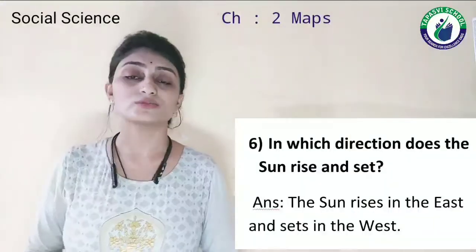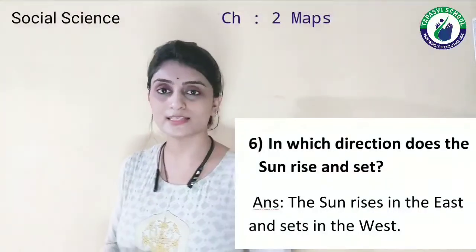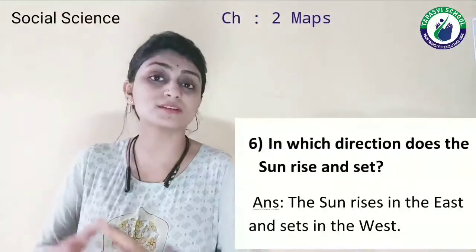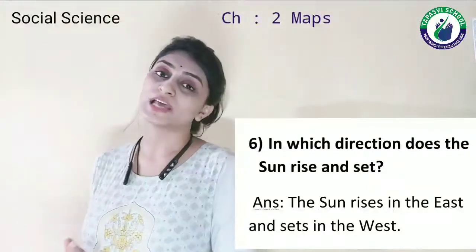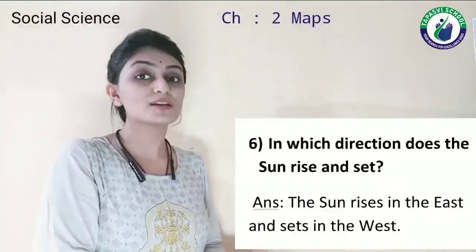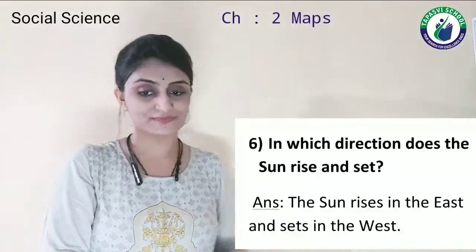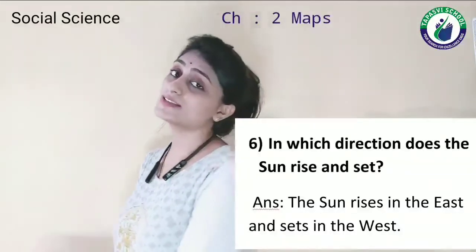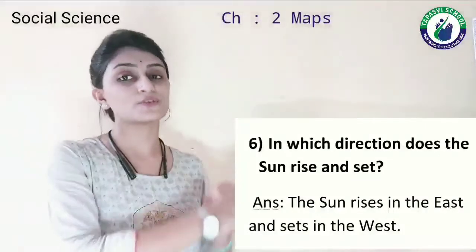Next is, in which direction does the sun rise and set? This is really simple. The sun rises in the east and sets in the west. So this is really simple.